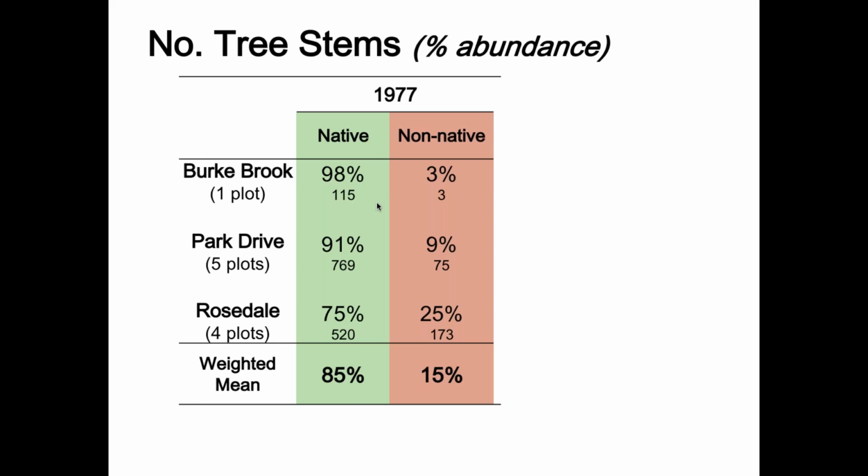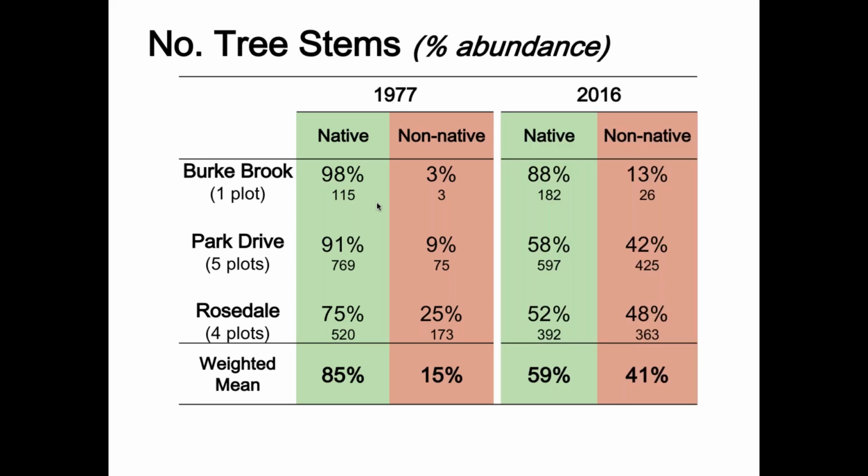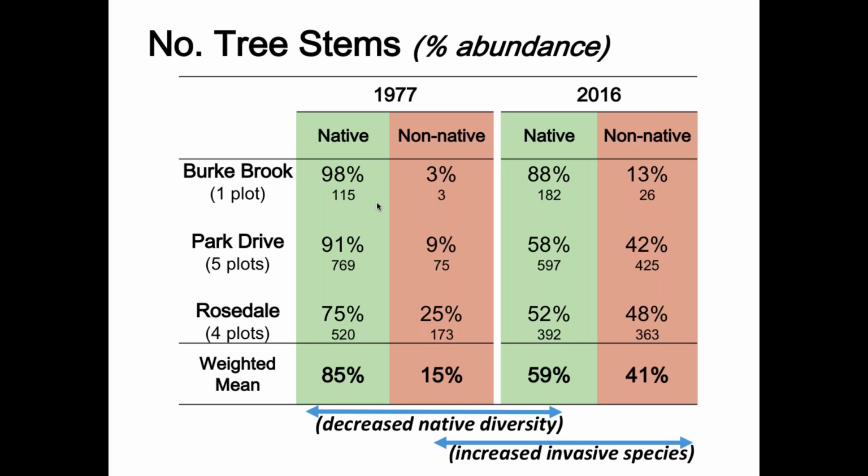But looking at native species, 85% of the stems were native trees at that time, and only 15% were non-native. If you go today, looking in 2016, it was 60% native and 41% non-native. So not only do we have decreased native diversity, we also have increased invasive species.